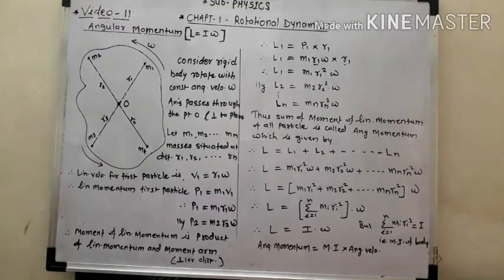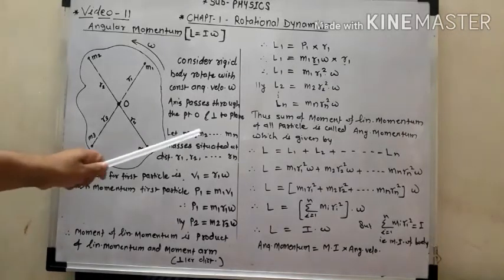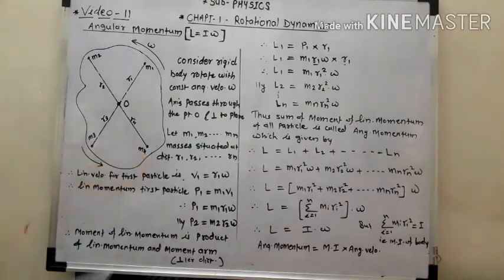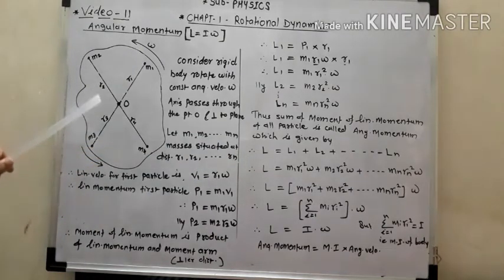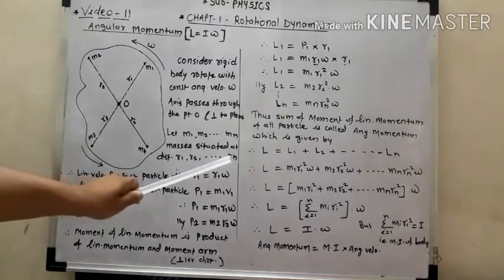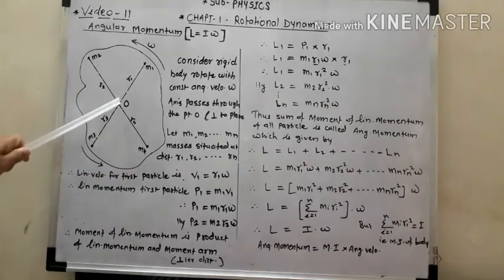We consider this rigid body, which consists of n particles of masses m1, m2, m3 ... mn situated at distances r1, r2, r3 ... rn from the axis of rotation.